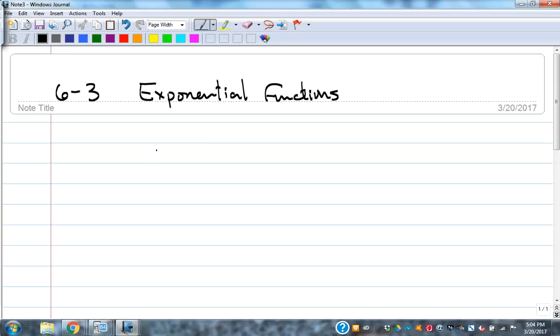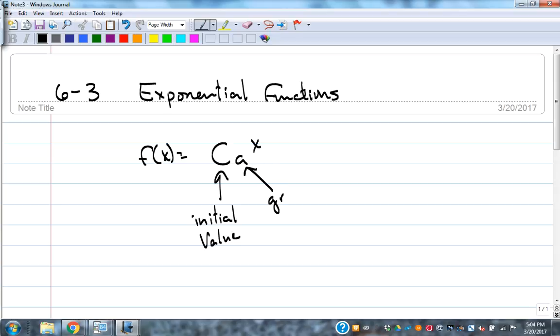Exponential functions look like this normally: C a to the x. This C is your initial value. This a here is your growth or decay rate.